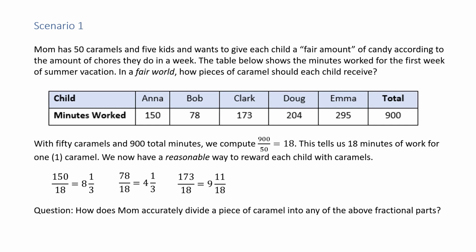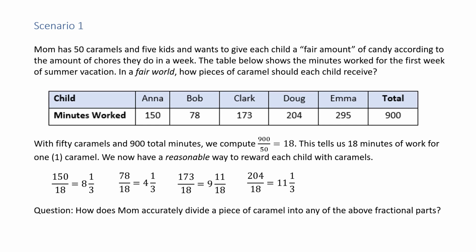Clark did 173 minutes of chores. Divide that by 18, and that's equal to 9 11/18 pieces of caramel. Doug did 204 minutes of chores. Divide that by 18, and he has earned 11 1/3 pieces of caramel.